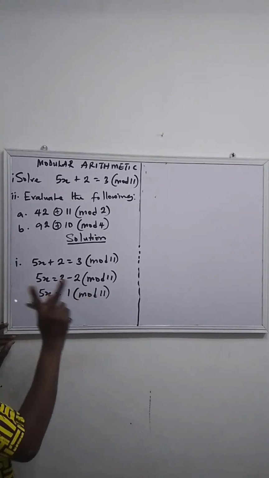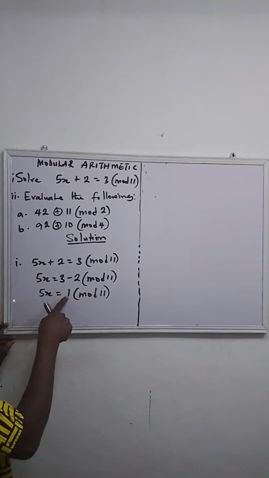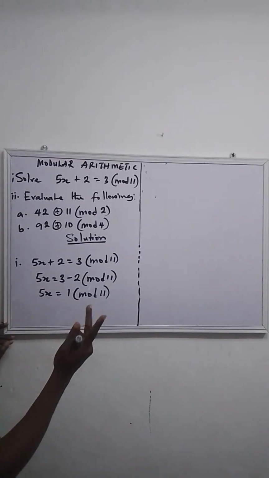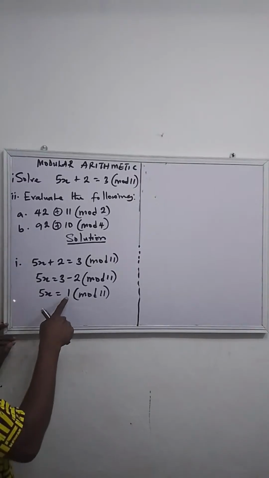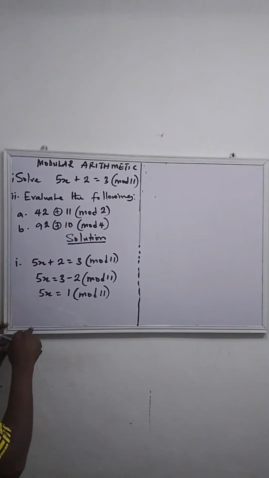So now add 2 elevens, that is 22. When you add 22 to 1, that gives you 23. It's not divisible by 5. Look at another one, 3 elevens, that's 33. 33 plus 1 is 34. It's not divisible by 5.